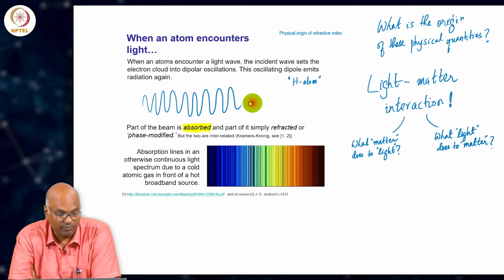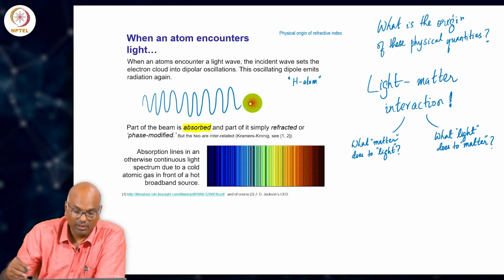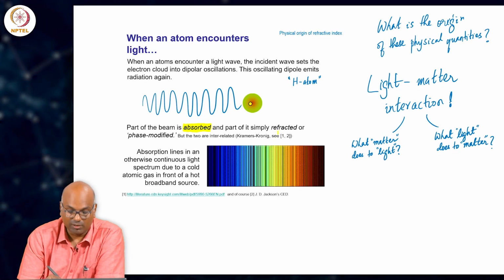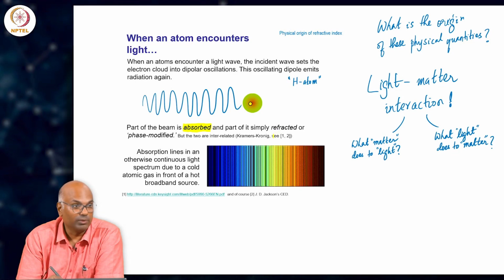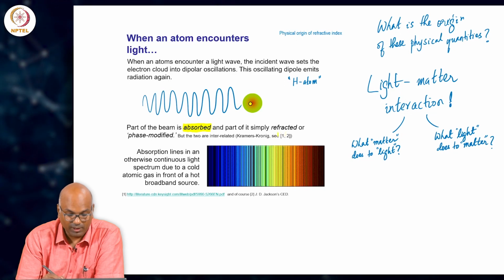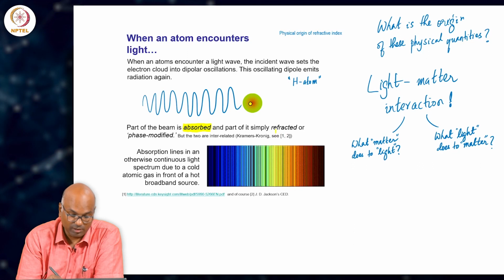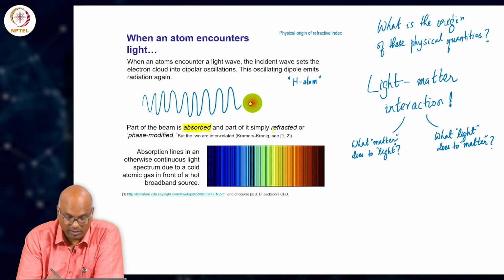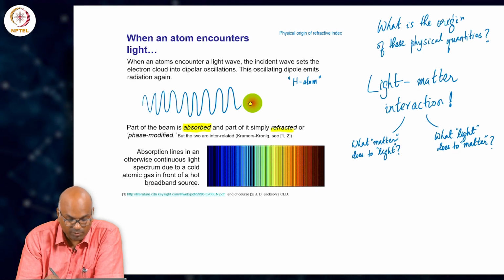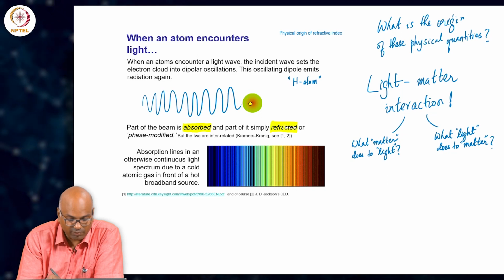If everything of light that falls onto matter gets absorbed, it would just heat up the material, because energy has to be conserved, and we would have nothing left for things to see. So, if the medium is say transparent or semi transparent such as glass, then a part of it, while being absorbed, another part of it is refracted.